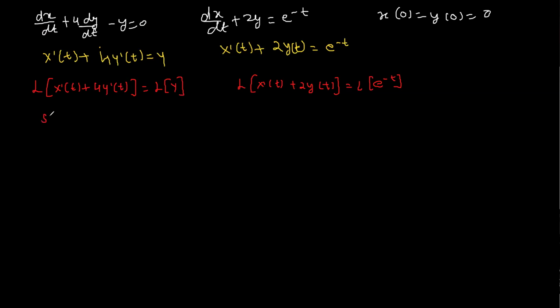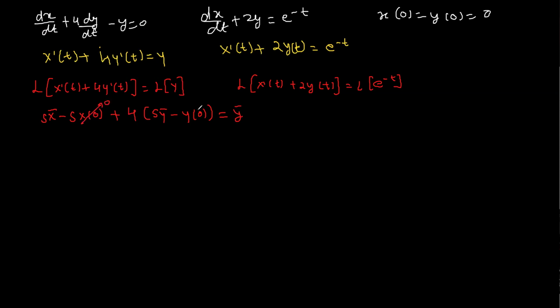Only the variable name is changed. All formats are the same. Laplace transformation of y dash t, right? Okay. And you know x0 and y0 are 0.